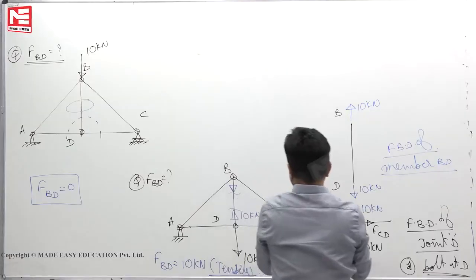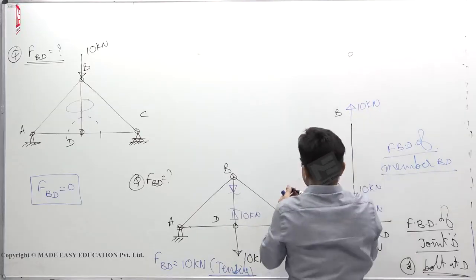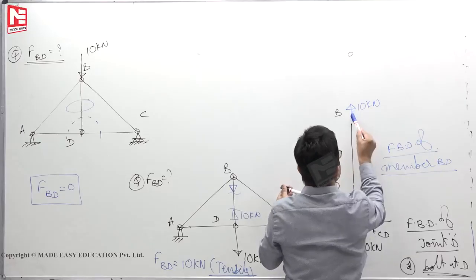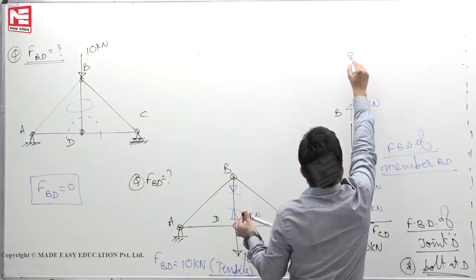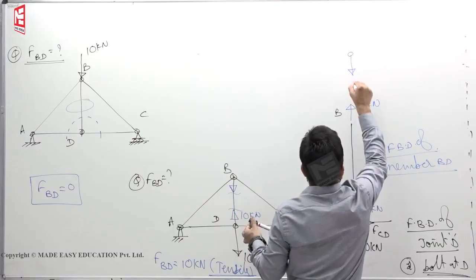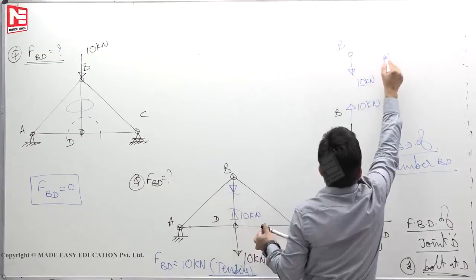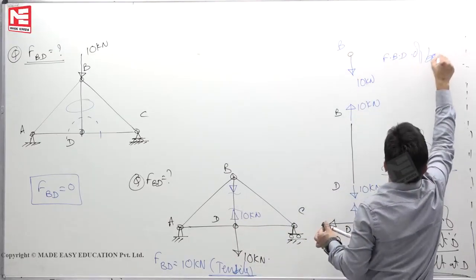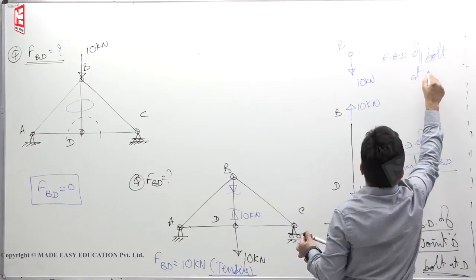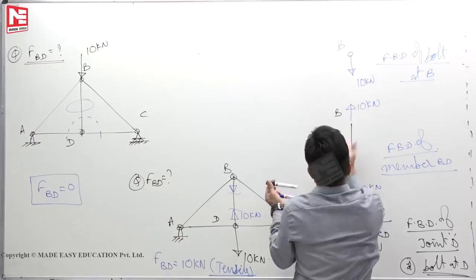Now, if I take the free body diagram of the joint at B, this 10 is acting up, which means who will give this 10 up? Pin only should give. So, when I draw the free body diagram of the pin at B, the force will act vertically down, 10 down. This is B. This is the free body diagram of the bolt at B. Now, to balance this downward force, who will stop it?